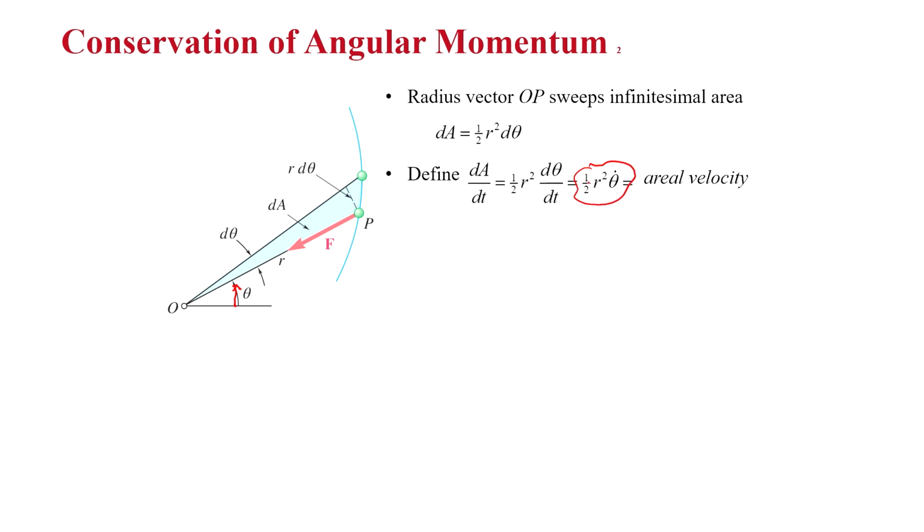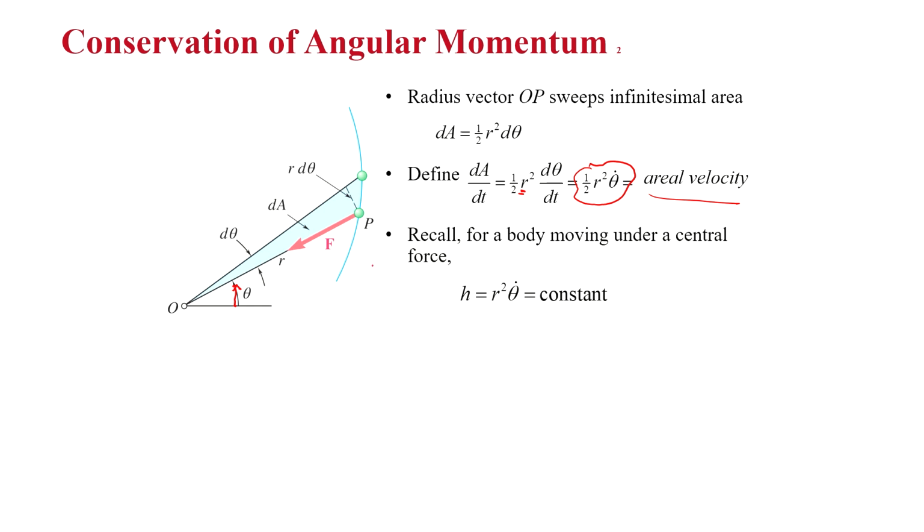and in that case, you're going to have this function. For this first part, we assumed that r is fixed. So notice that for this part, we only derived with respect to the angle. This is called the areal velocity. But also, for a body moving under a central force, there's a constant equal to r squared theta dot.